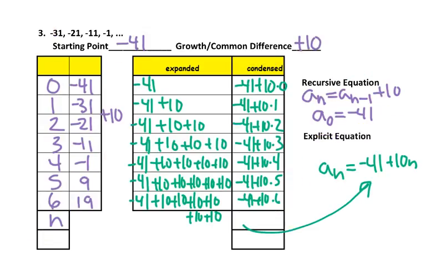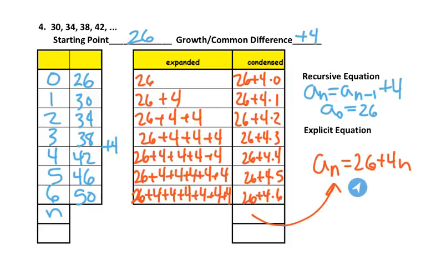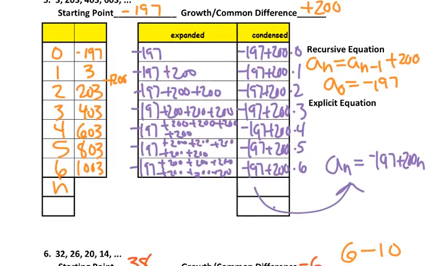Okay, page 6 on here. Number 3, we had all the 10s. See the inputs, negative 41 plus 10n. Same with number 4. A sub n equals 26 plus 4n. Same pattern here with the inputs. You should have gotten so tired of writing these out because you just saw the same exact thing.